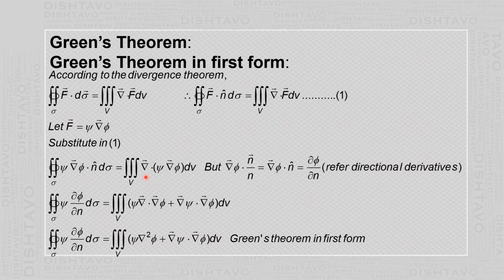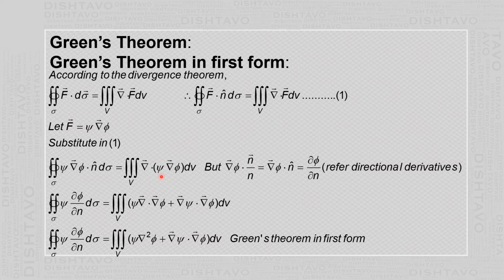So del is like a derivative, so it is the derivative of two functions psi and grad phi, and we use the derivative of the product formula, which is the first function into derivative of the second function plus the derivative of the first function into the second function.